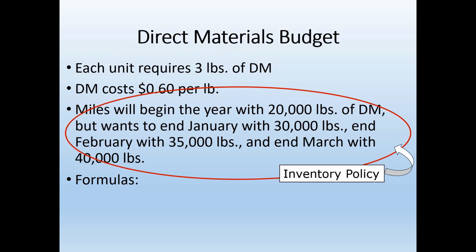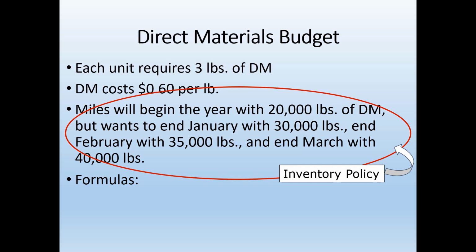The firm has an inventory policy for its direct material as well. It expects that it will end last year and begin this year with 20,000 pounds of material already on hand. But it wants to end January with 30,000 pounds, end February with 35,000 pounds, and end March with 40,000 pounds.